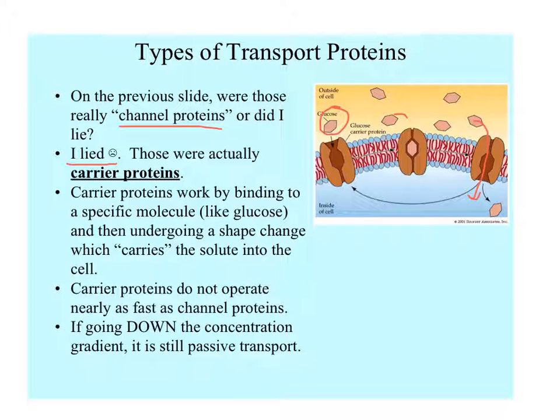That's because the protein actually undergoes a shape change. When the glucose comes in and bonds in there, the protein changes shape and allows one glucose to come in. Obviously, if only one can come in at a time, these are not very fast. So carrier proteins are kind of slow because they allow only one molecule to come in at a time. But it's still going down the concentration gradient from high to low concentration.